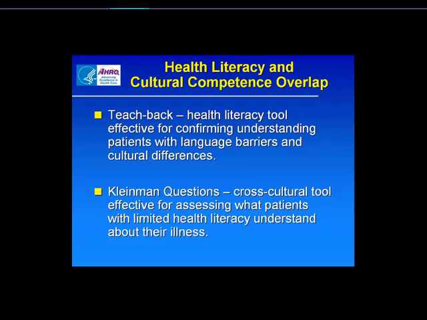Those questions, while they were developed to elicit cultural health beliefs, are also very effective for assessing what patients with limited health literacy understand about their illness, how their body works, what kind of treatments they are thinking of, and how those are going to work.